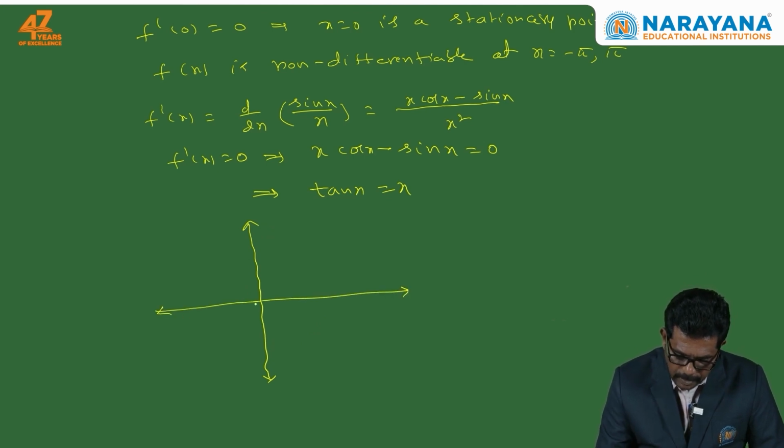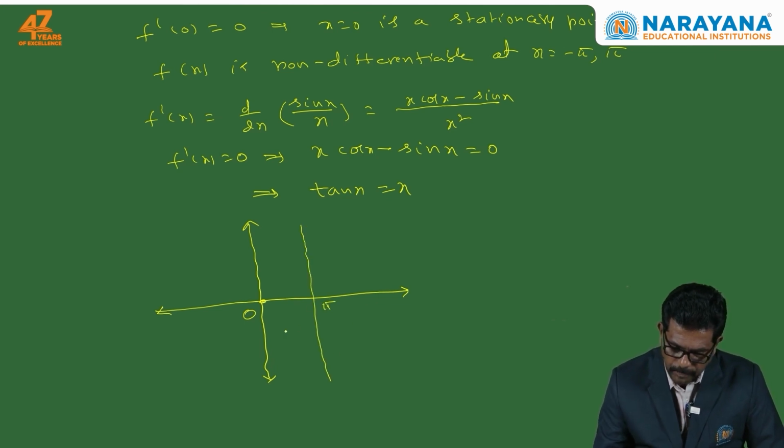In the interval 0 comma 2 pi, I am going to draw. This is pi, and suppose this is pi by 2. Next 3 pi by 2 and 2 pi.